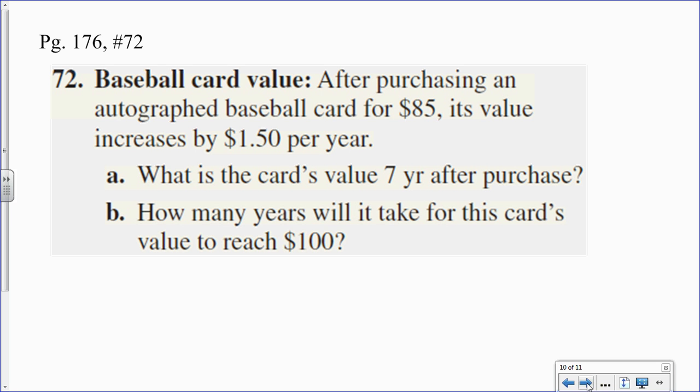So let me say B is value. I'll go ahead and use x, but you could use whatever you want for your variables. Number of years. So the value equals, how would I write that equation?